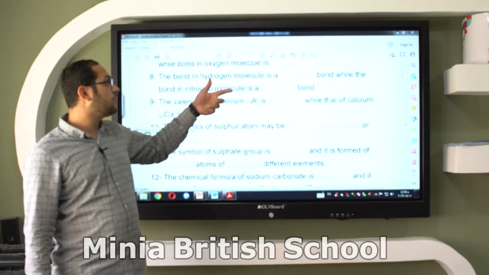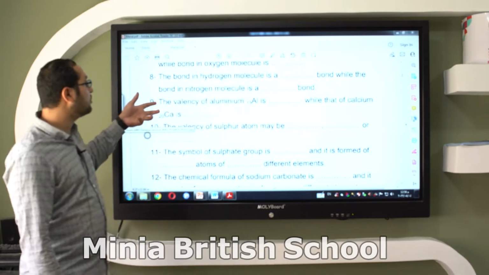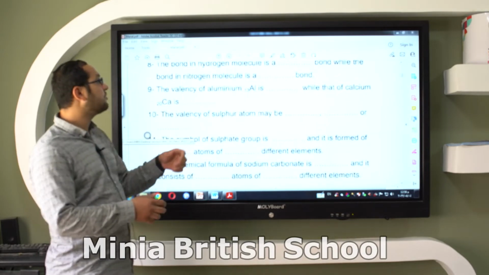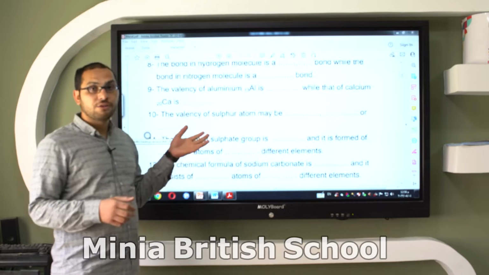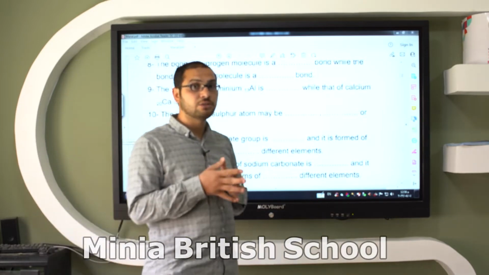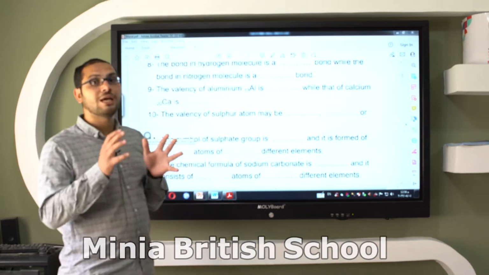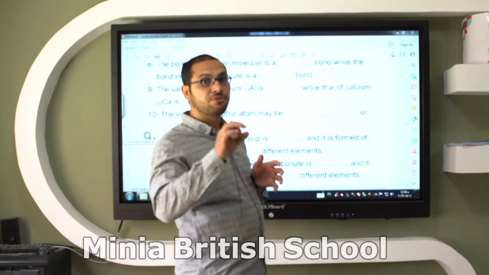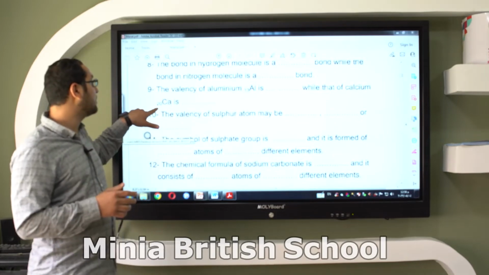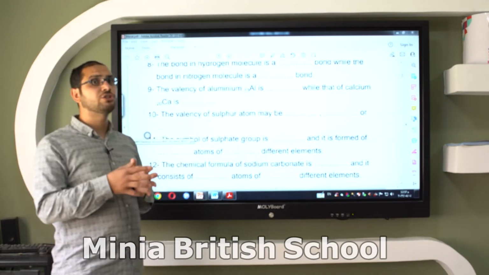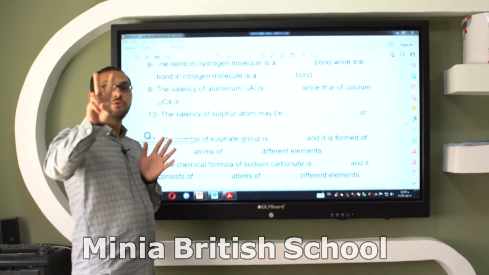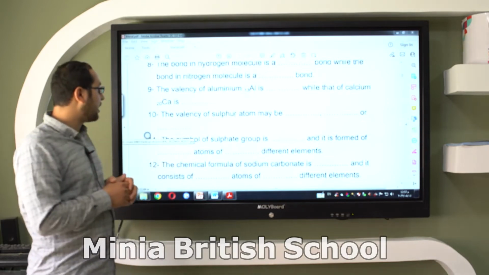The bond in the hydrogen molecule is a single covalent bond, while the bond in the nitrogen molecule is a triple covalent bond. The valency of aluminium 13 is trivalent, because aluminium tends to lose 3 electrons in the outer shell. For calcium 20, the electron configuration is 2, 8, 8, 2, so calcium tends to lose 2 electrons during the chemical reaction.